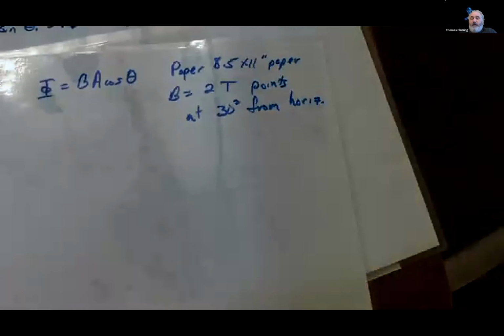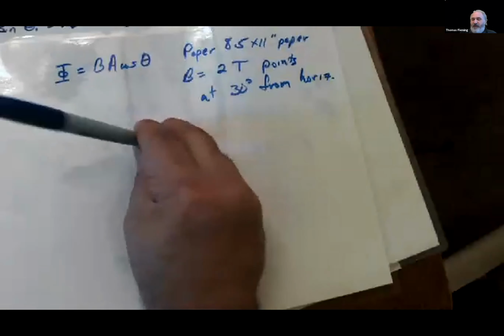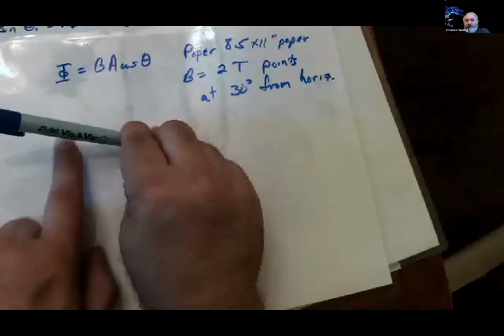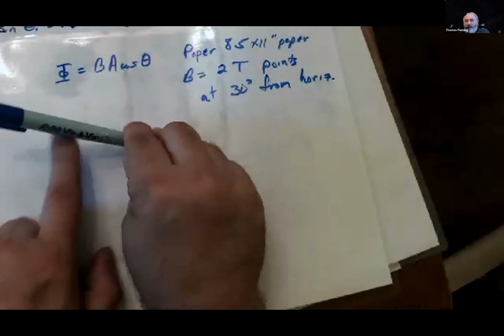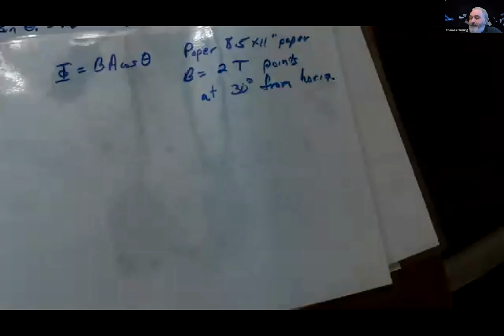So in other words, if this is my piece of paper, the magnetic field is not coming straight towards the camera, and this angle right down here between the horizontal and the magnetic field is 30 degrees. Got it? Mm-hmm. How much flux do I have?